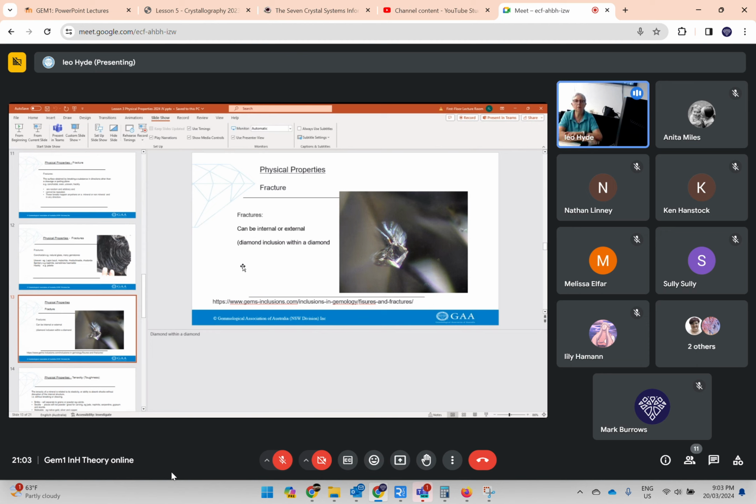Even though we're talking about fractures over an entire gemstone, you can see them inside stones with respect to a crystal inclusion sometimes. If you've got something inside with uranium or thorium in it, because they're radioactive, you get breakdown around the inclusion. So fractures can happen on the inside as well as the outside. That's just for interest.